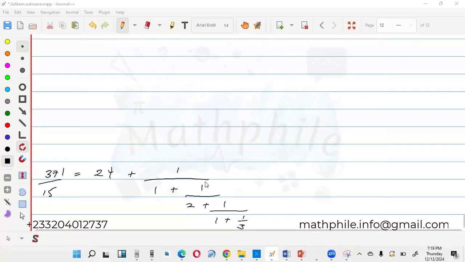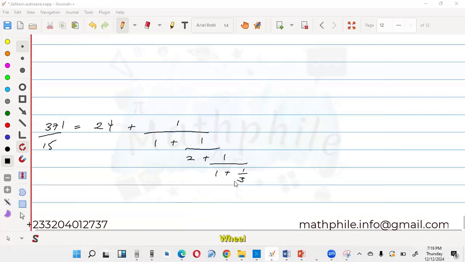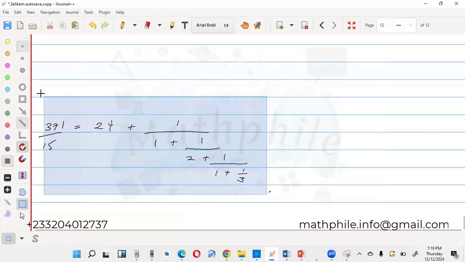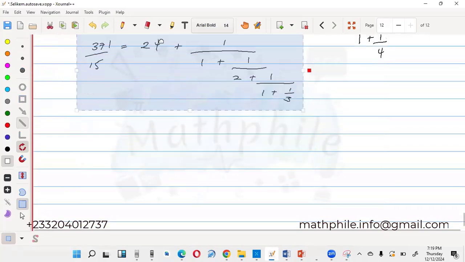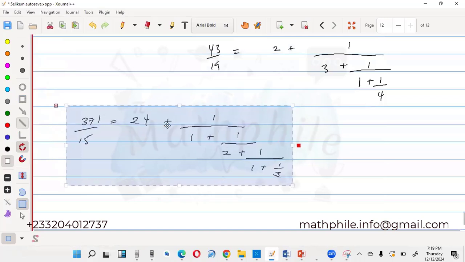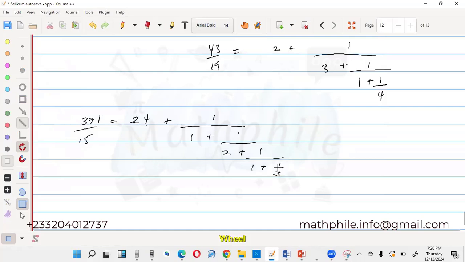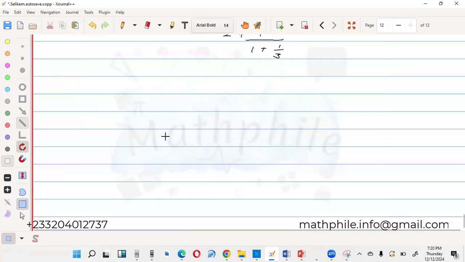Okay, so we're going to write 45 over 12 as a continued fraction.